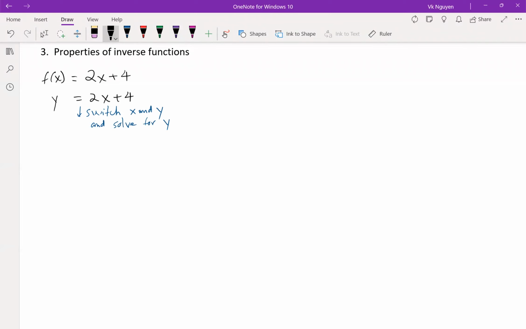X equal 2y plus 4. Minus 4 minus 4. X minus 4 is 2y. And then multiply both sides by a half. We have y is, distribute, half of x minus half of 4 is 2. The answer here is F inverse.